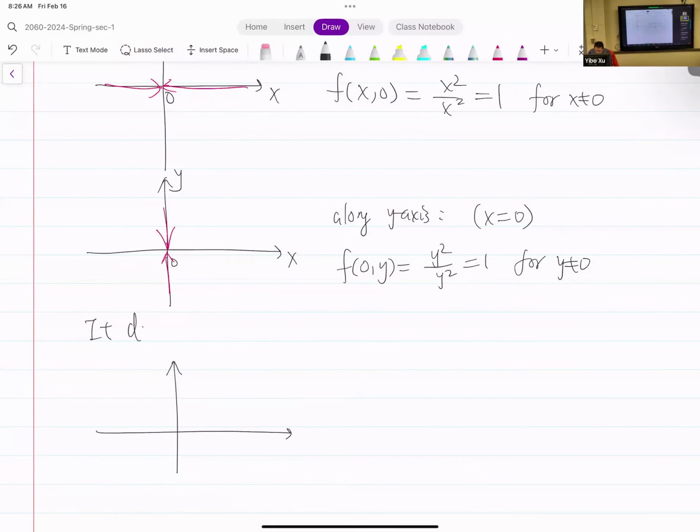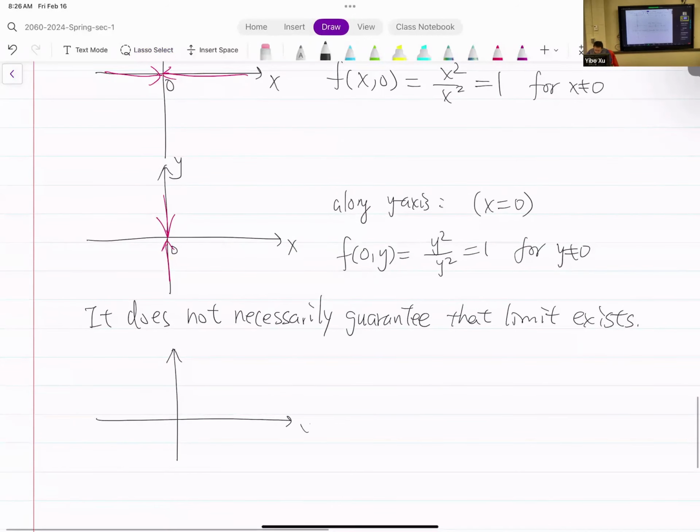It does not necessarily guarantee that the limit exists, because by observation, if you take a slant line, maybe something different.